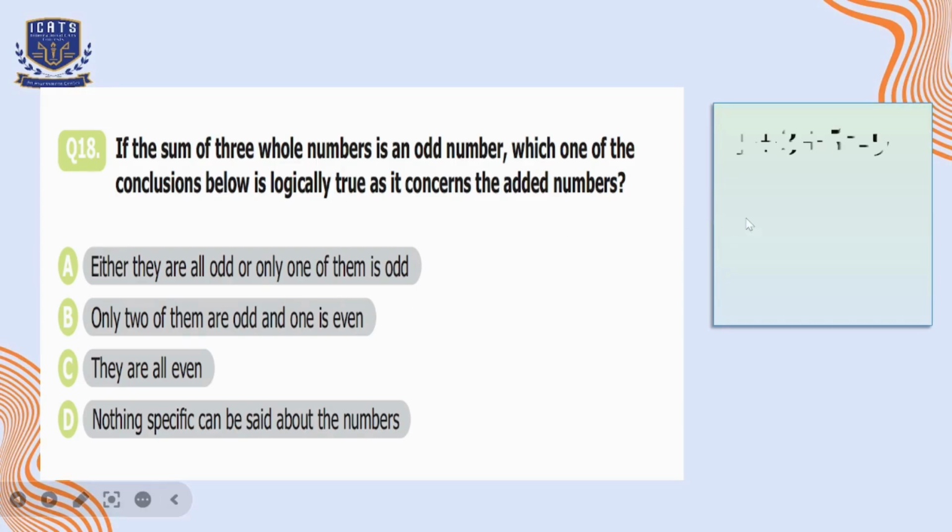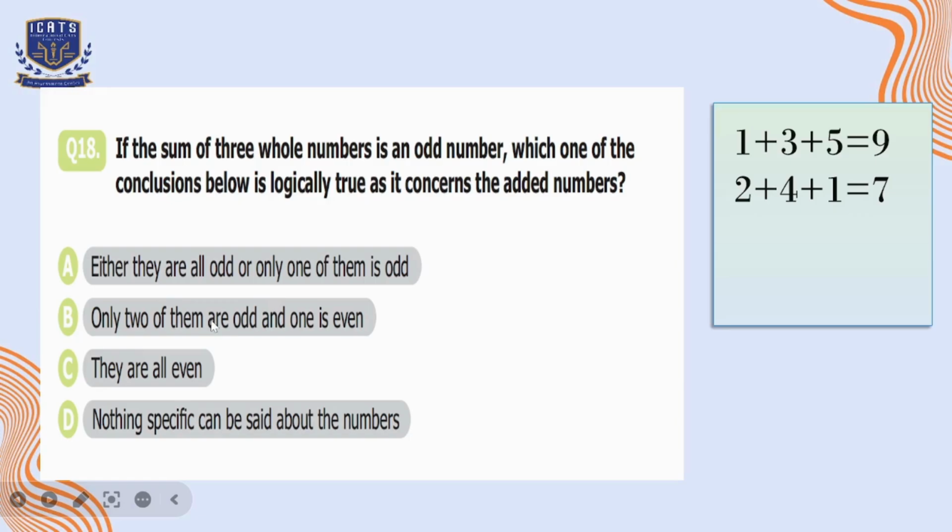If all the numbers are odd, like 1, 3, or 5, the answer is equal to 9, which is an odd number, or only one of them is odd. So we can try a different combination in which we can have two even numbers and one odd number. So in that case, we again have an odd number. So option A can be our correct option, but let's check the other ones.